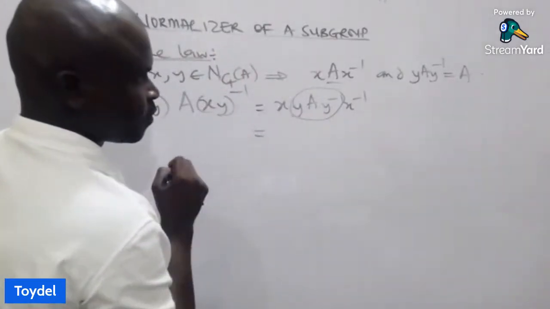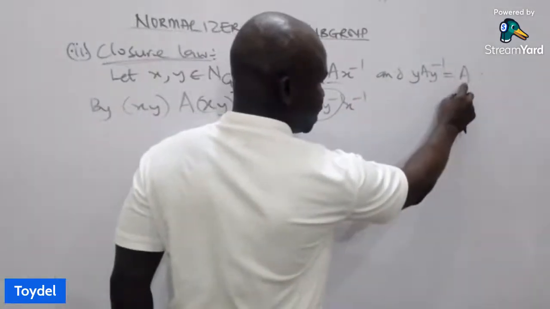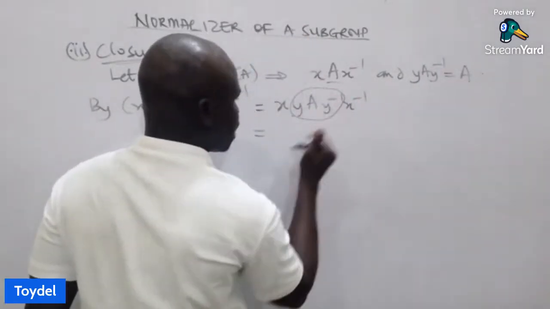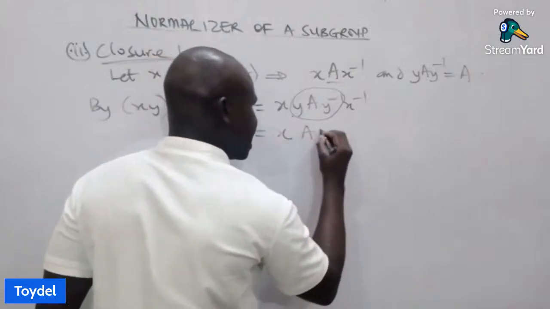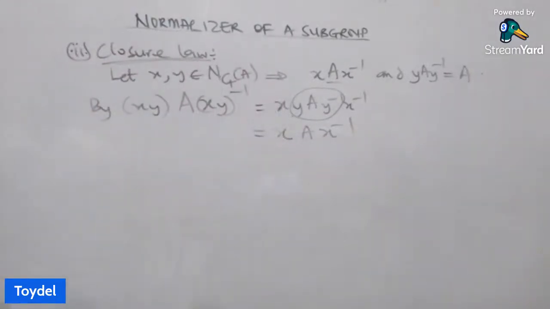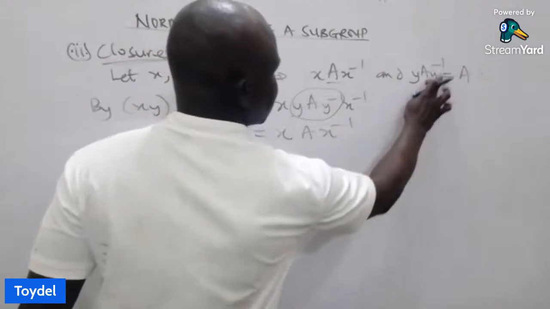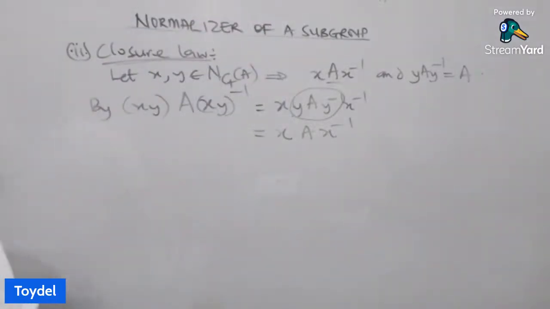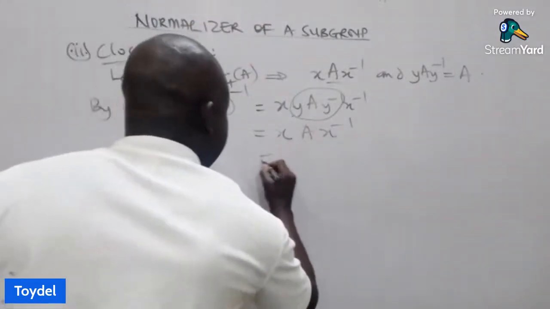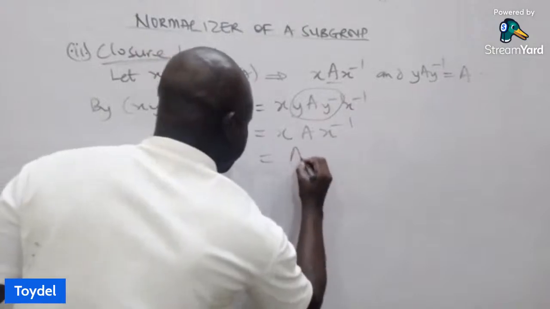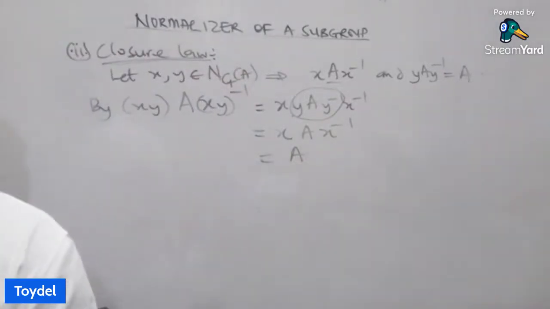Please look, Y inverse will give me A. So if I consider everything together now, I'm going to have X inverse. That's what I'm going to get, because Y inverse is equal to A. And if that is the case, then what is X inverse? It will be A. That's what I'm going to have. That's going to be A.